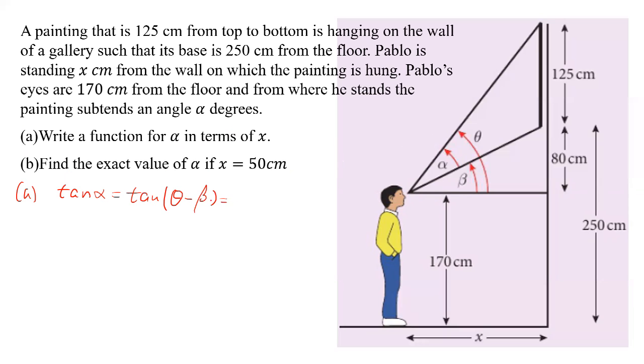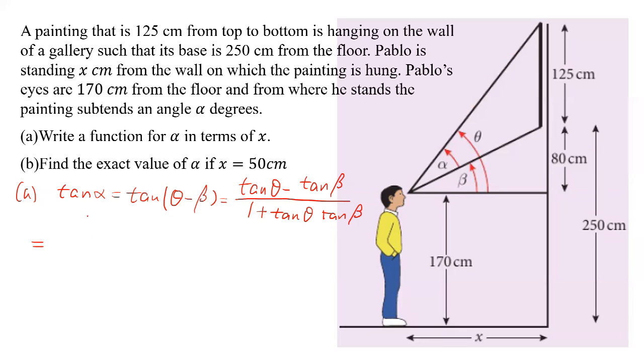And tangent theta minus beta can be expressed using the compound angle formula for tangent, right? So tangent theta minus beta is just tangent theta minus tangent beta over 1 plus tangent theta tangent beta, right? And then we can calculate tangent theta and tangent beta in the two right triangles shown in the graph.